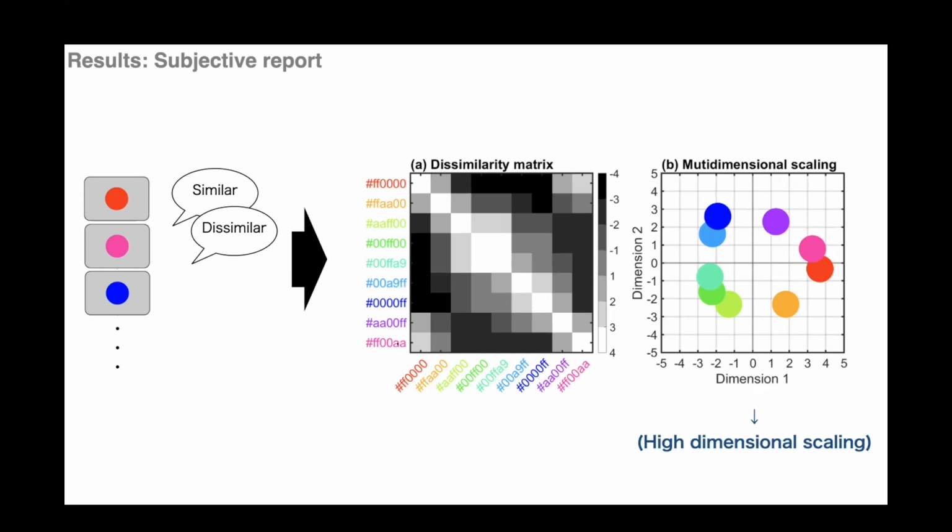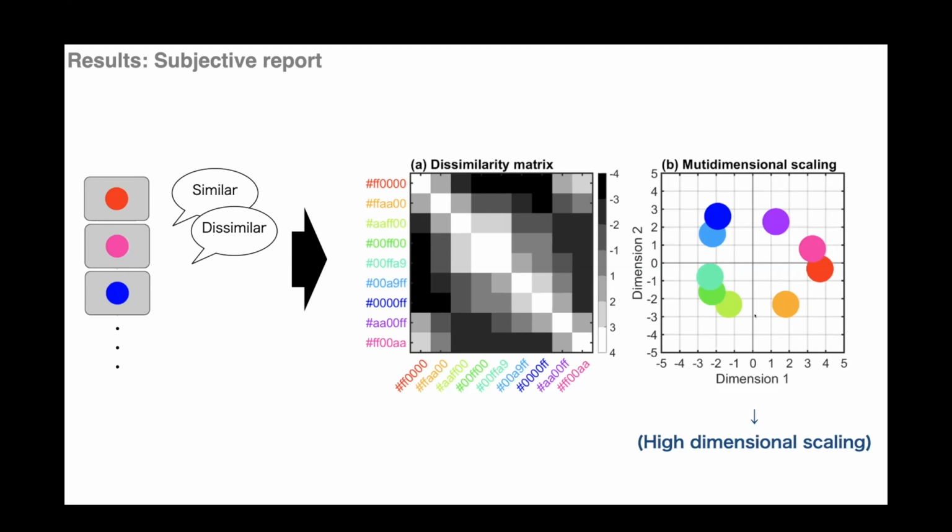But when we compare red and green, it's dark color, it indicates dissimilar. And we can make this similarity or dissimilarity into the distance. And then this is a 2-dimensional space scaling. I'm just showing this 2D scaling now, but in future we can do high dimensional scaling.